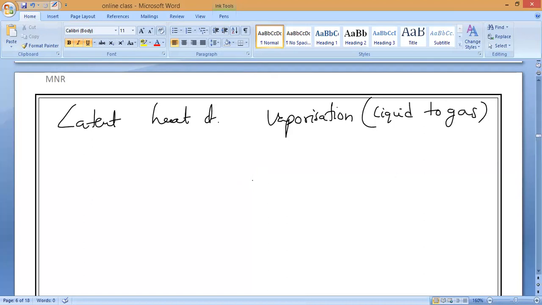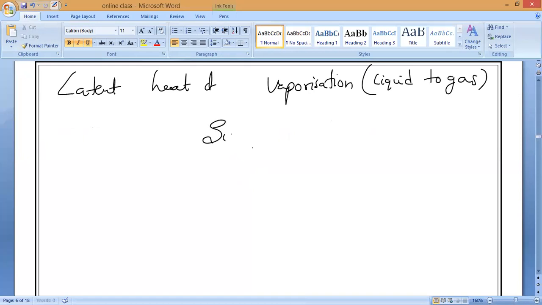Now the next concept which we are going to study, a simple concept which will wind up after this, is what we call sublimation. So please all of you keep reading sublimation. Sublimation means, remember, a very important thing, without forming the liquid state, a solid directly converts into gas.